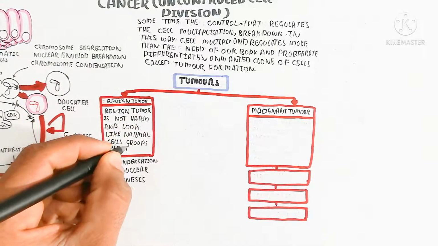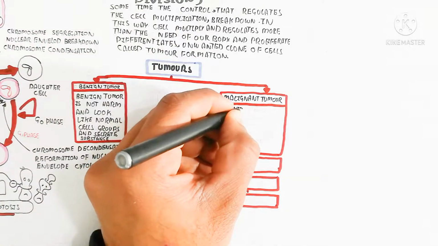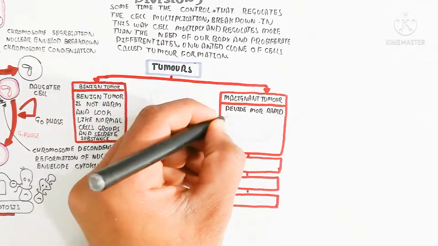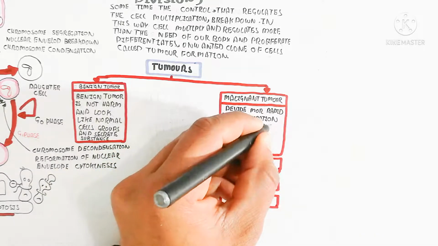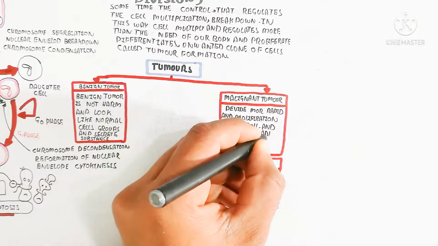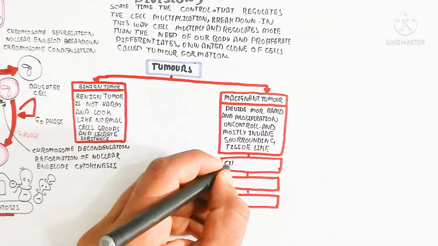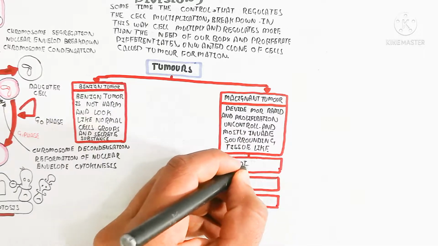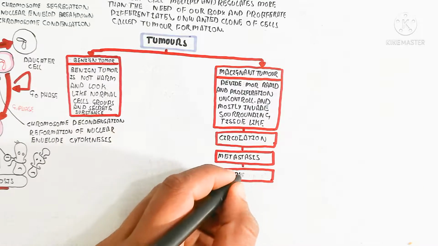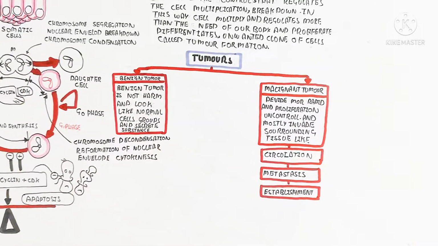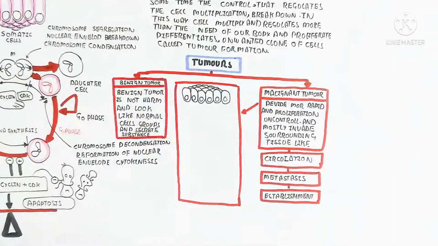A benign tumor is not harmful and looks like a normal cell group and secretes substances, while a malignant tumor, or malignancy, divides more rapidly and proliferates uncontrolled, and mostly invades surrounding tissue like pancreas, liver, digestive tract, etc. So it goes into the circulation and the metastasis stage, which is incurable, and establishes in another organ.